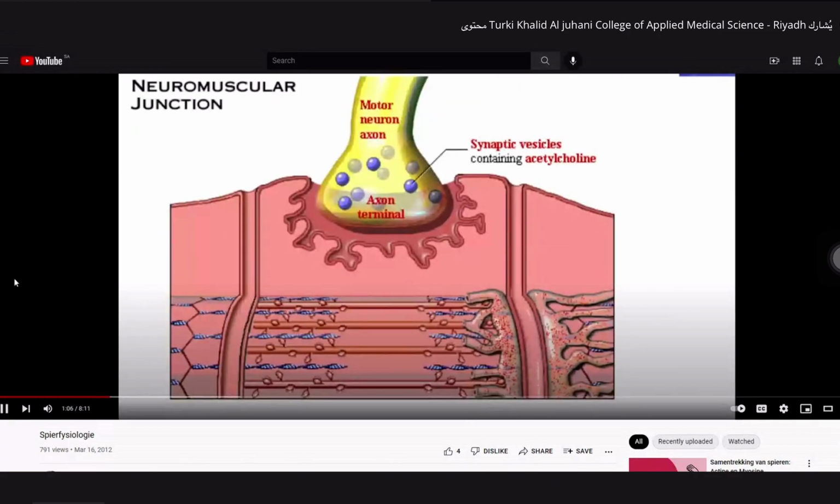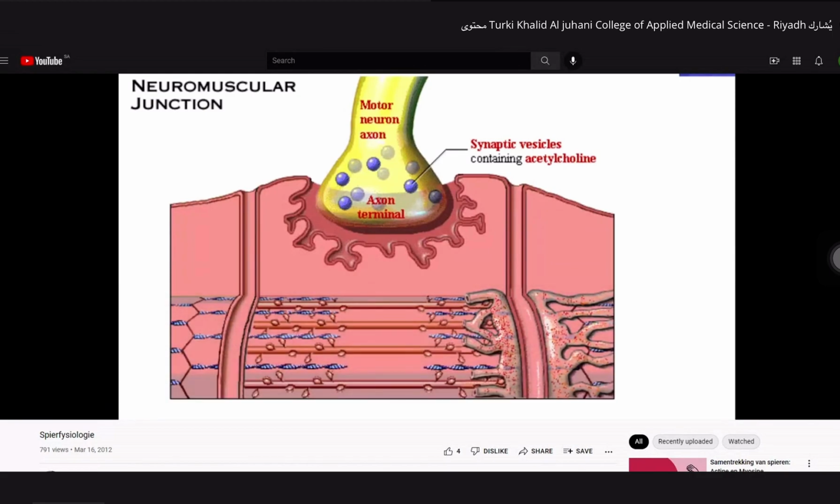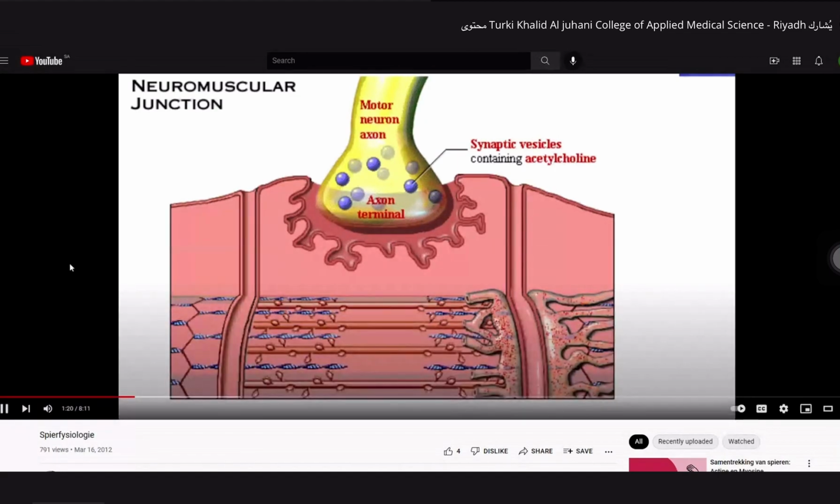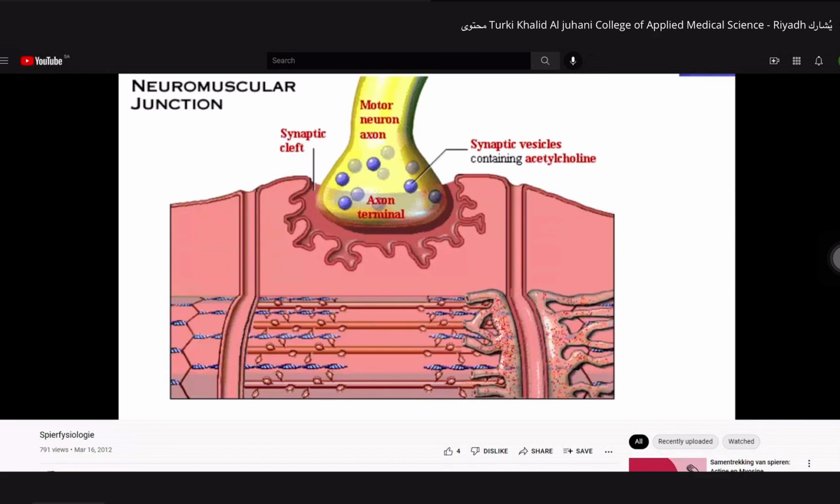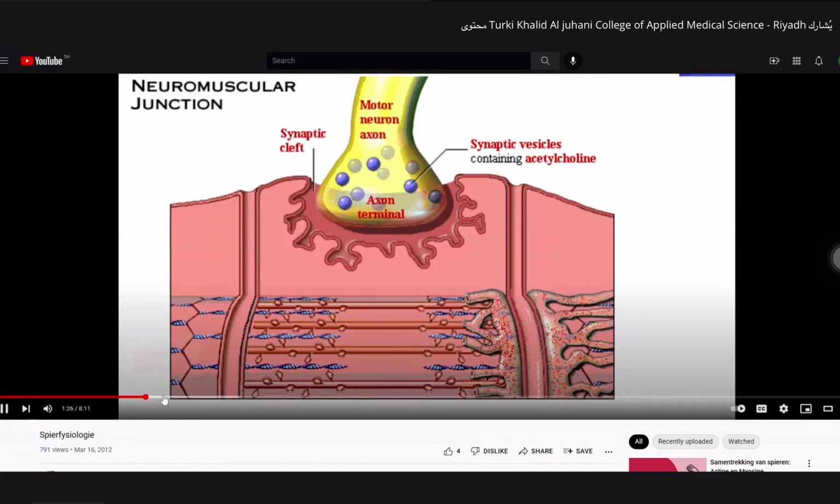Within the axon terminal are synaptic vesicles containing the neurotransmitter acetylcholine. Notice that at the neuromuscular junction, the motor neuron and the sarcolemma of the muscle cell do not actually touch. The synaptic cleft is the space between the axon terminal and the muscle cell membrane.